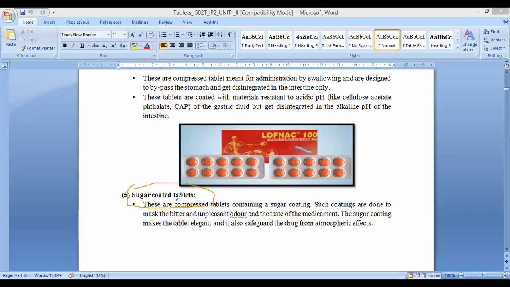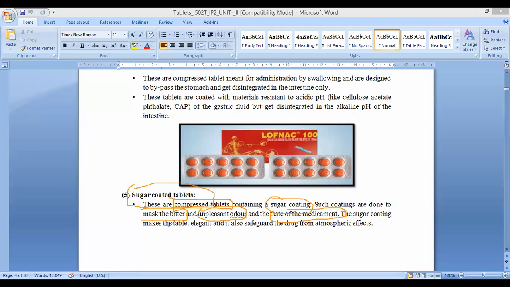Now these sugar coated tablets are complex tablets which contain a sugar coating. Such coatings are done to mask the bitter taste or the unpleasant odor and taste of the medicament.